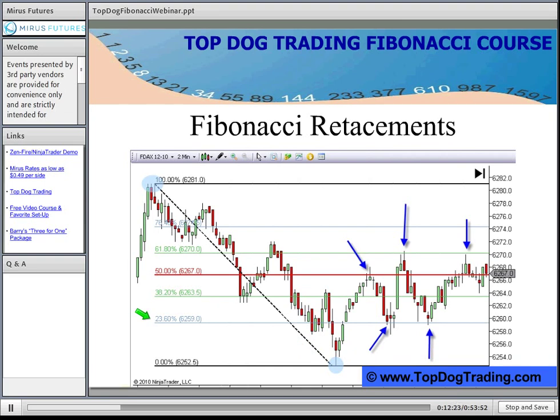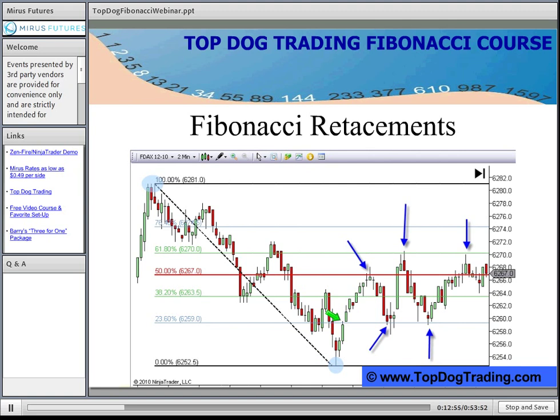Now, we want to look at percentage retraces from the high to the low for potential support resistance levels. And so here they are: 23.6% back toward the initial high, 38.2 back toward the initial high. There's your 50% level. There's 61.8 and 76.4. So you can't start using them until after we've reached that low.